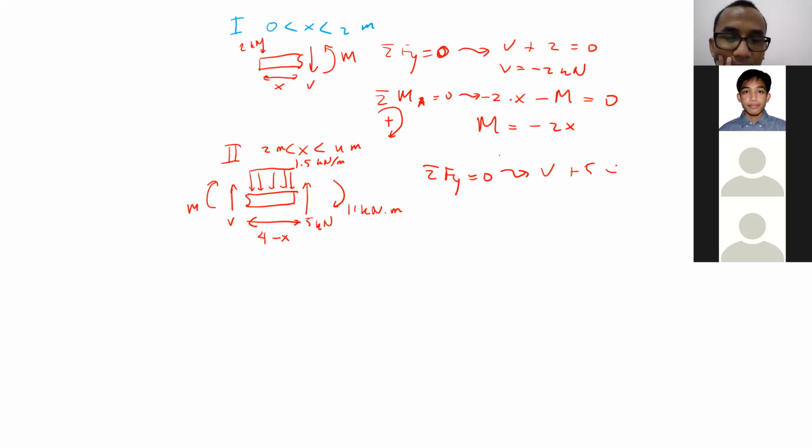No, not 3. 1.5 kilonewton per meter, and the distance here is supposed to be 4 minus x, right? So this is what you're supposed to do: minus 1.5 kilonewton per meter multiplied by 4 minus x. That's the concentrated force, which represents the distributed force.